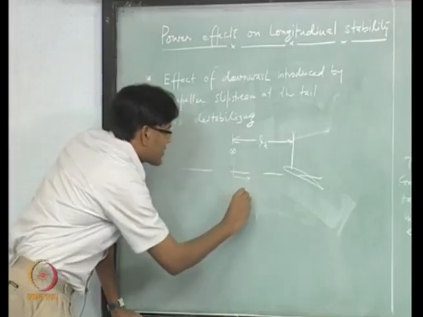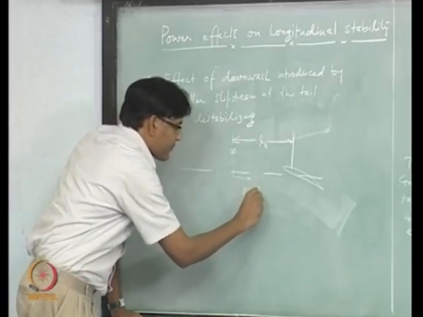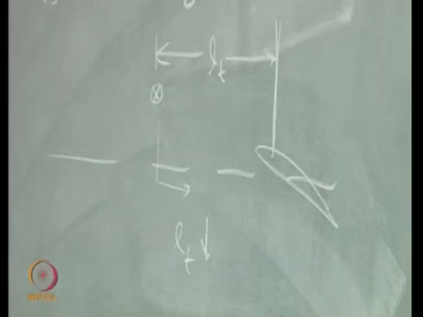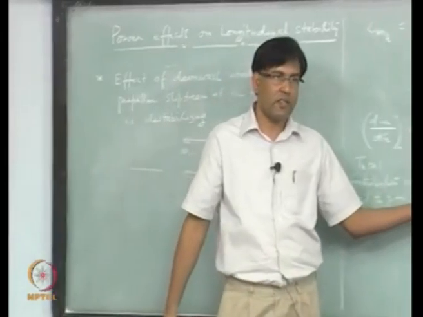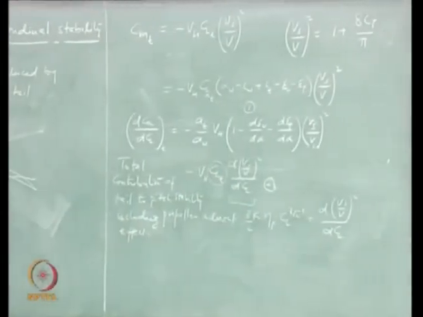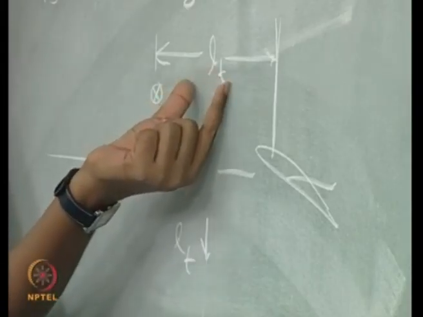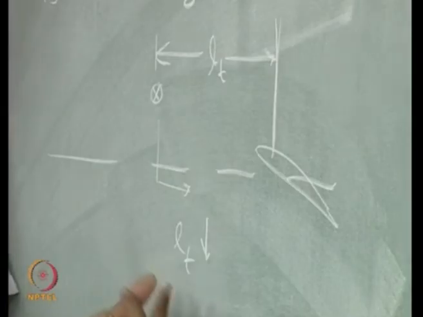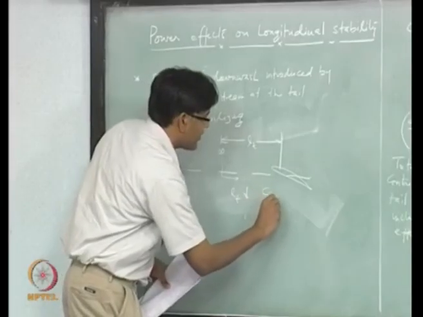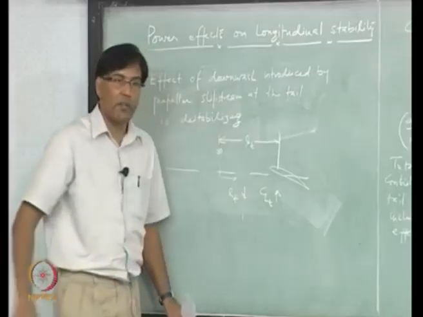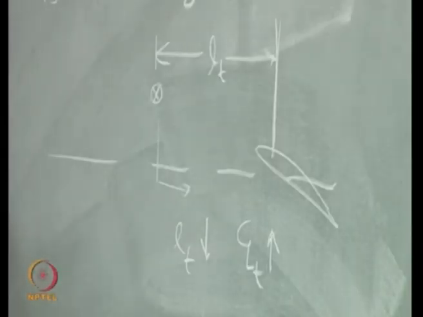So this LT is going down, but you want to trim the aircraft. If you want to trim the aircraft, then you have to produce more lift, isn't it? So you have to have CLT which is higher. If I am moving CG aft towards the tail, then this LT is going down. Now to trim the aircraft, you should have CLT which has to be going up. Do you see that?